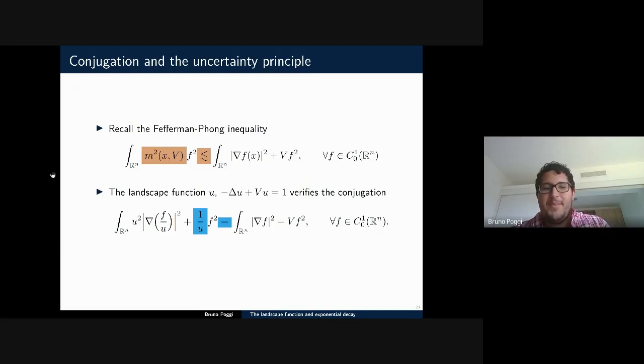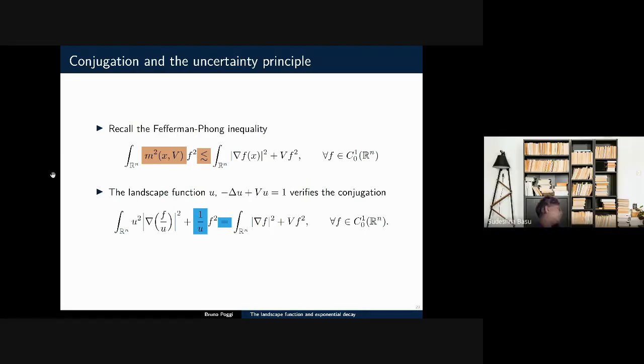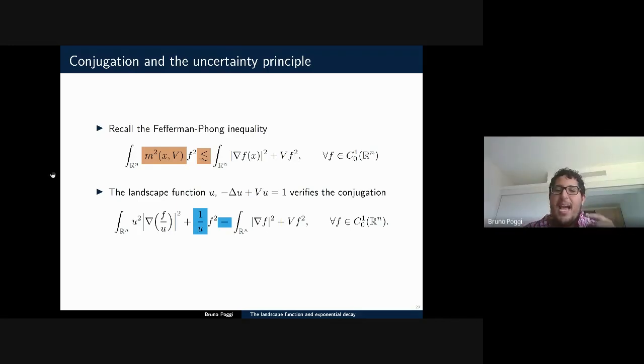But before that, I'll tell you one thing about why it is also useful, and it comes back to the uncertainty principle. Recall the Fefferman-Phong inequality, which we used to obtain exponential decay in terms of the Fefferman-Phong-Shen maximal function. Now, the landscape function actually verifies this identity on the bottom here. And as you can see, this is a stronger version of the uncertainty principle.